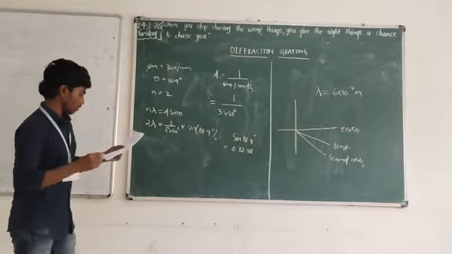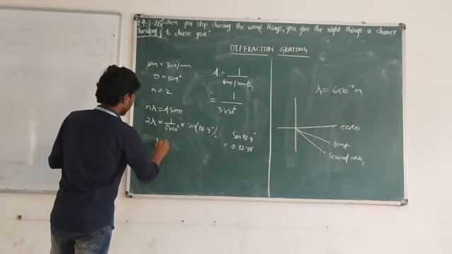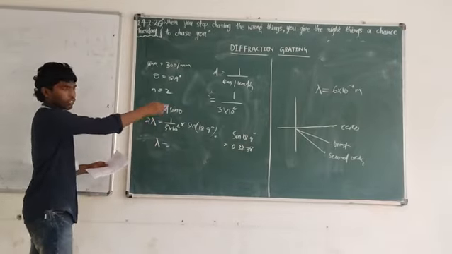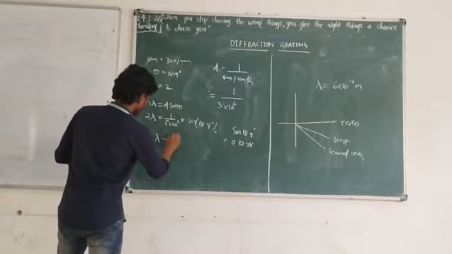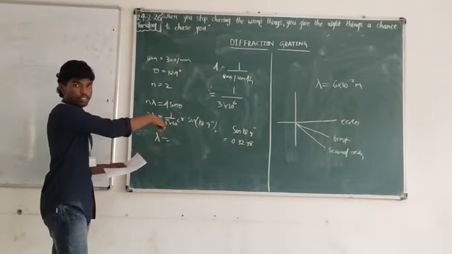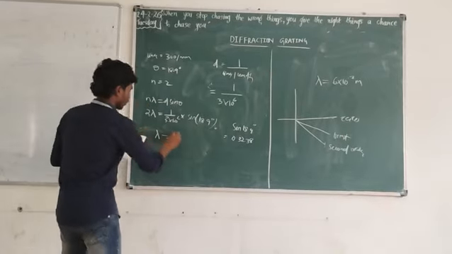Okay. So now lambda equals d sin theta by 2, then you can directly do it. It will be, so this 1 by 3 into 10 raised to 6 is equal to 3 into 10 raised to minus 6.